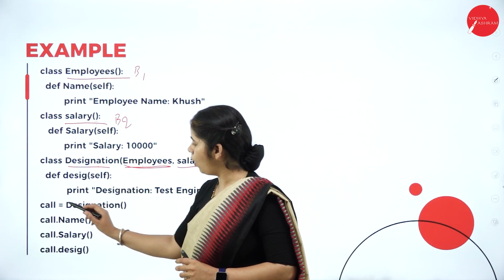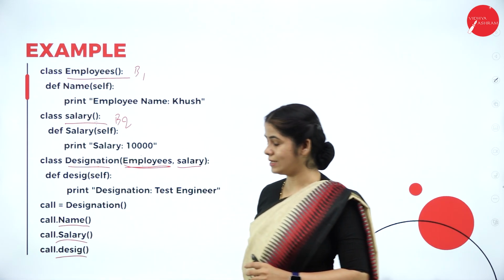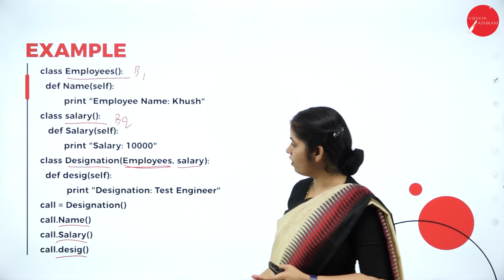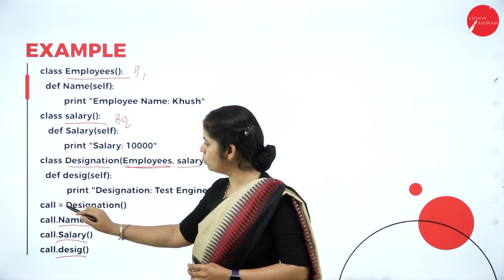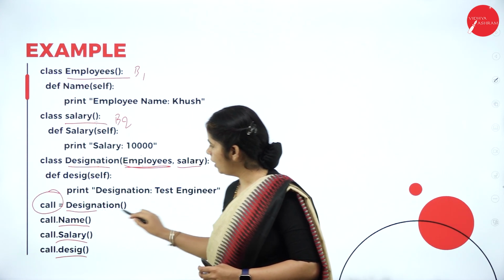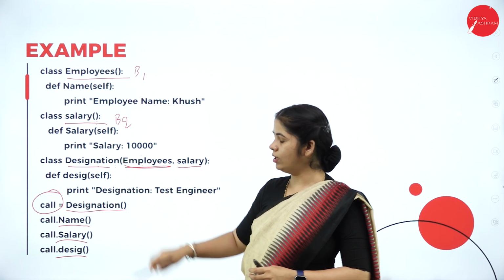So the output will be the same: it can access the name, the salary and the designation of the particular employee by using the object of the last derived class, the object of the derived class.